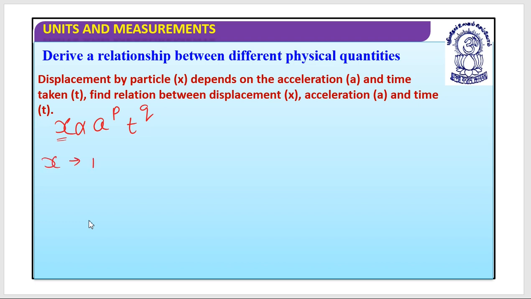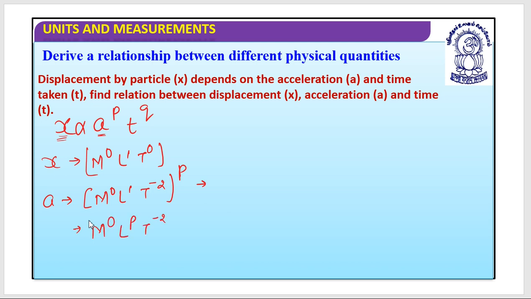x is the displacement, sorry, so this is M0 L1 T0. a is the acceleration, in meter per second square, so this is M0 L1 T minus 2 to the power p. So this becomes M to the power 0, L to the power p, T to the power minus 2p.